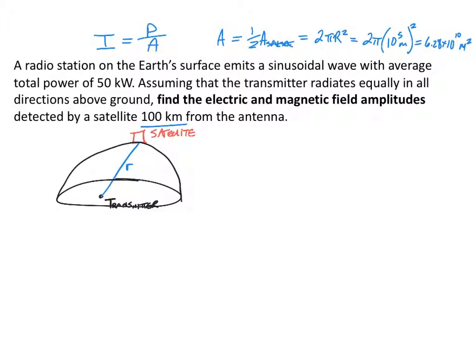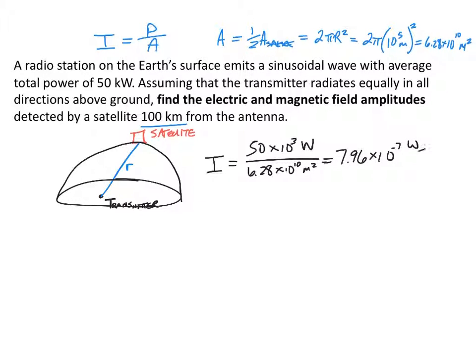So the intensity should just be the 50 kilowatts, 50 times 10 to the 3 watts, over this extremely large area. And we'll get 7.96 times 10 to the minus 7 watts per meter squared. So we have our intensity, and why do we need that intensity?